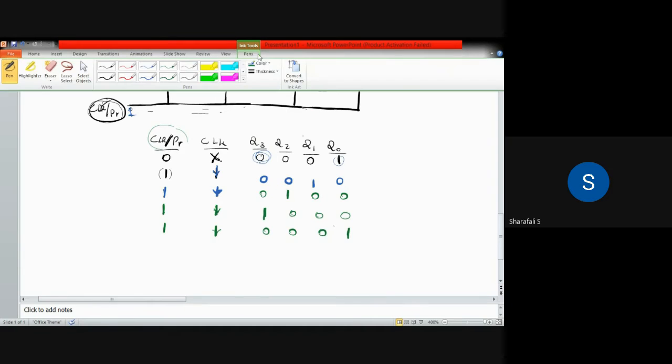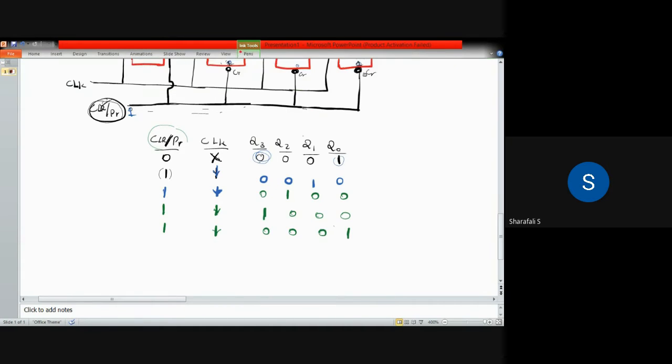This is the first one that we considered. So this set of values will repeat when you have more than 4 clock pulses.